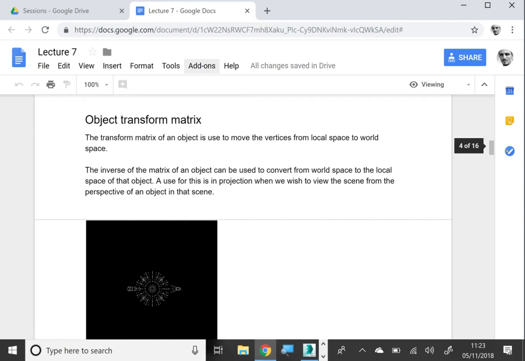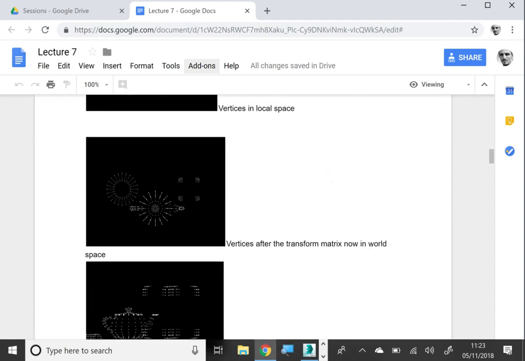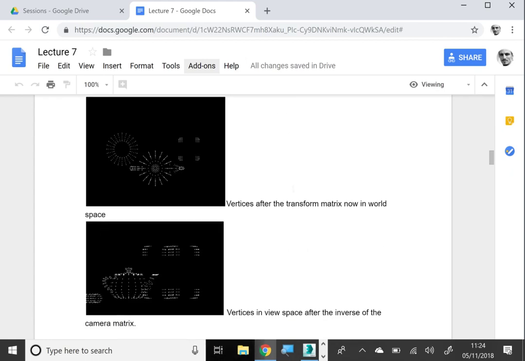We also looked at why we bother with matrices. So we had the object transform matrix. We had an idea that every object in the scene has a transform matrix associated with it. There was this thing called local space, where it doesn't do anything, and then there's this thing called world space, and what the transform matrix does is it takes those verts out of local space and puts them in world space.